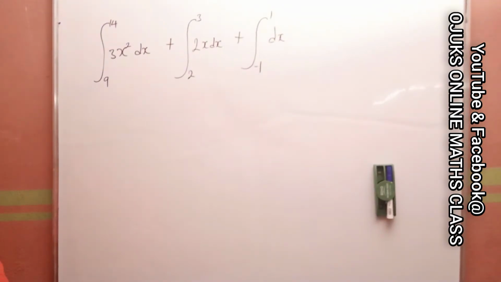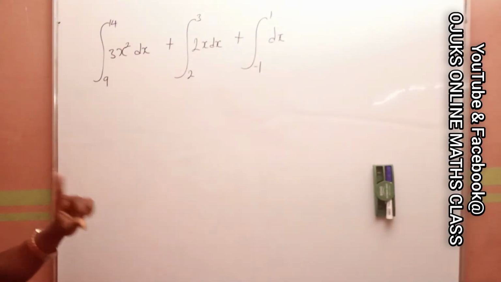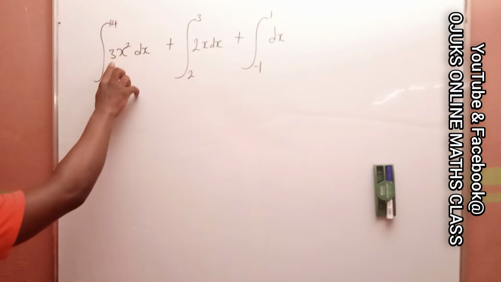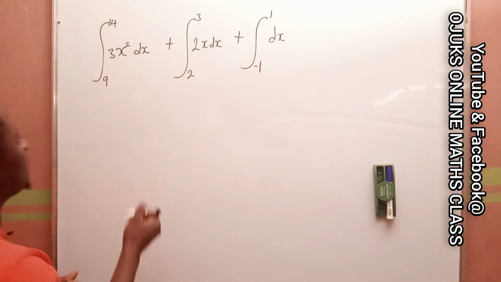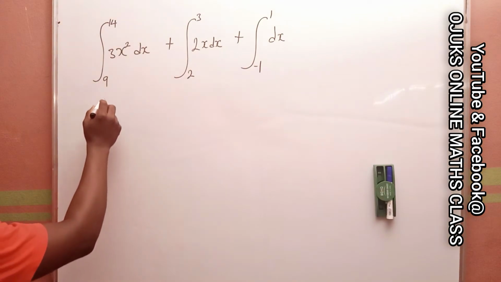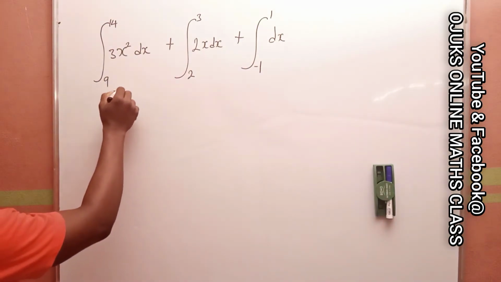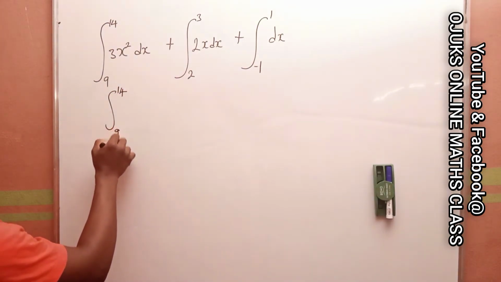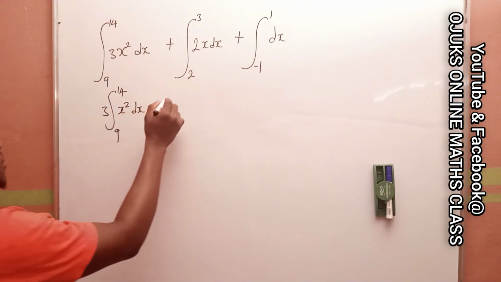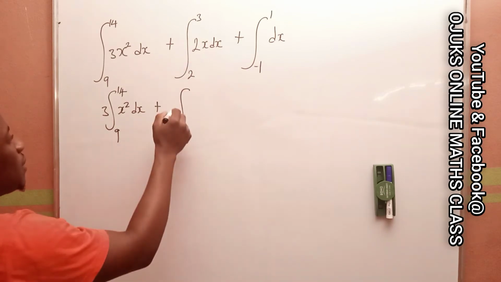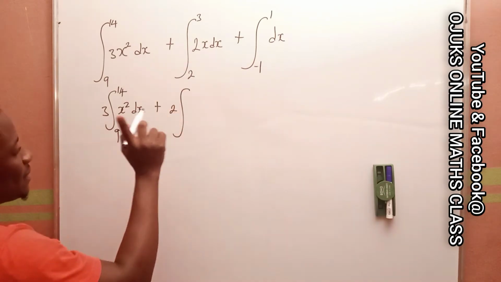As you all know, in integration, we don't integrate constants, we only integrate variables. So if you are to integrate this, very simple, let's just isolate each of these constants out of this integration. When we do that, we have the integral, upper limit 14, lower limit 9, with 3 outside, x squared dx, plus the integral with our 2 outside, we don't integrate constants, like I said earlier.